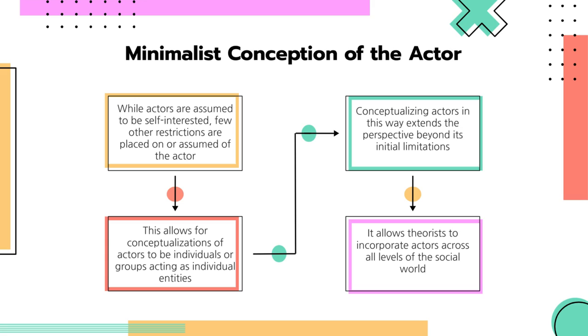But on the same note, it's a strength of the theory because it's very consistent, but also it allows for so much expansion in terms of how we can apply this theory to what types of social phenomena and across all different levels of the social world. So it's very well suited to be adapted.